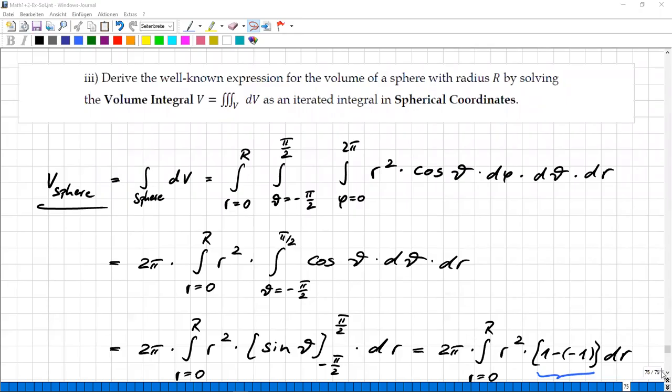Last but not least, for this purpose of taking some volume integrals, we take our chance and derive the well-known expression for the volume of a sphere, which you all know from school, but almost nobody knows where it comes from, actually.